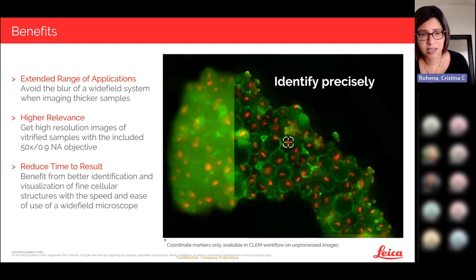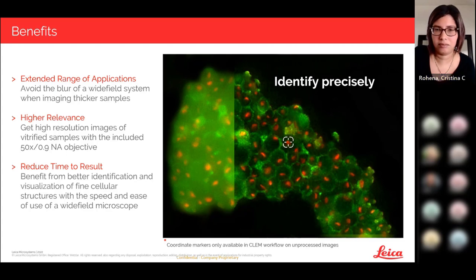And you're able to reduce the time to result by having that better identification of your targets, to visualize them easier, and to also check the quality of your samples, allowing you to still use a Widefield microscope, which allows you to really take advantage of the speed of Widefield to image your samples here.